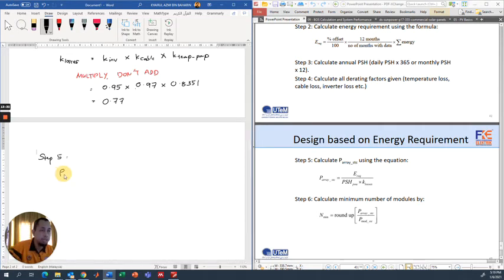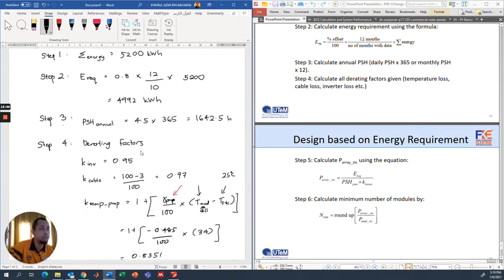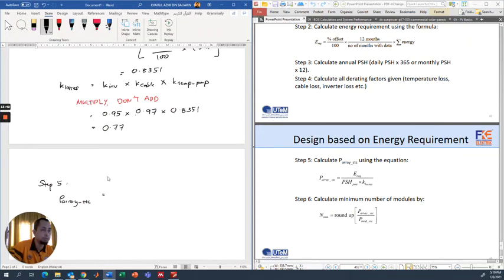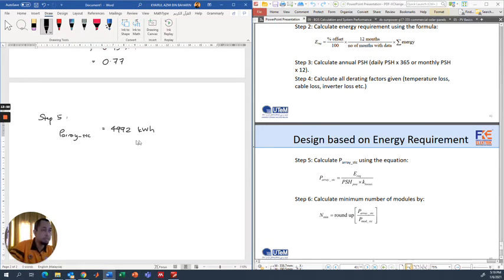So P array STC equals the energy required, which just now is 4992 kilowatt hour, and then divide by the PSH POA. POA here stands for plane of array.